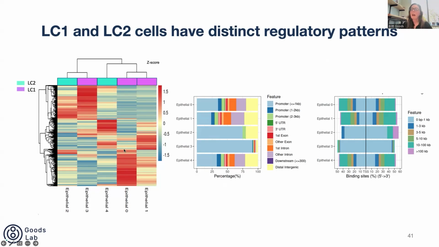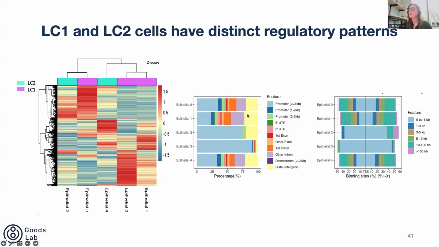We can then look at these differentially accessible peaks and ask questions about them. Of these peaks, what is the percentage of them for each of our lactocyte populations? Where do they fall into different regions? Do they fall into promoter regions, 5' 3' UTR regions, or other regions?